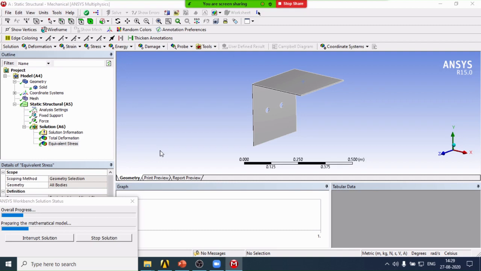It will take time because it has to divide the model, mesh it, apply the boundary conditions and apply the forces on it. Any questions?